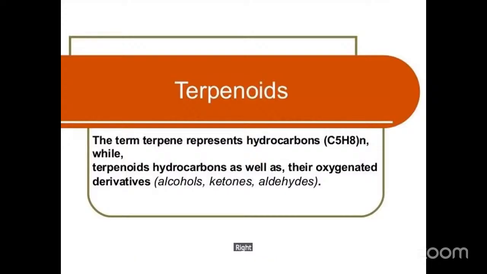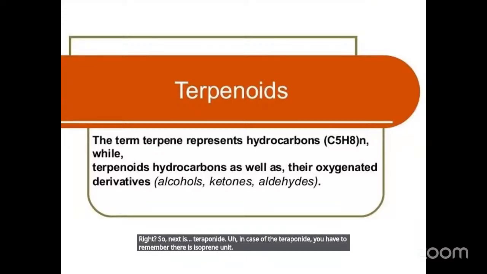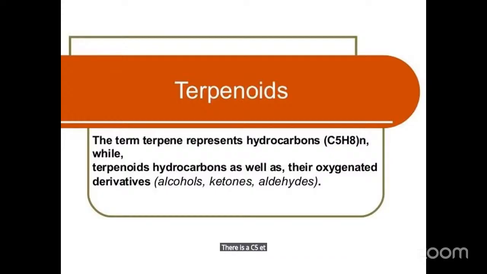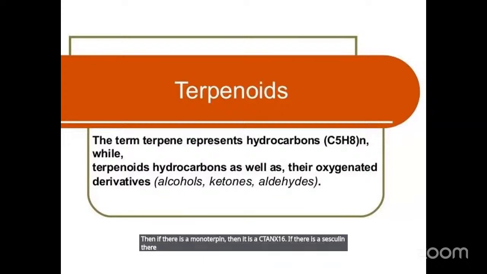Right. So next is terpenoid. In case of the terpenoid, you have to remember there is an isoprene unit, C5H8. If there is a monoterpene, then it is C10H16. If there is a sesquiterpene, that is C15H24.